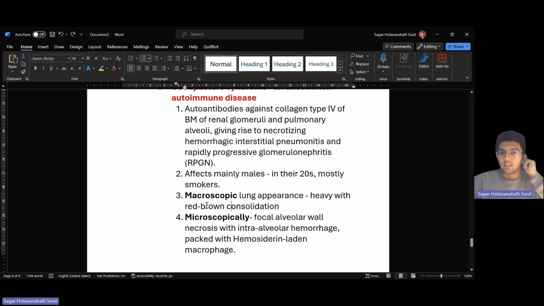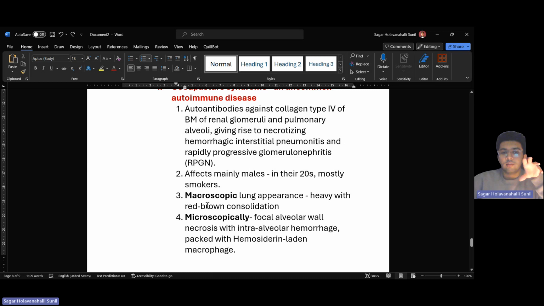Why? Blood is going to get into the alveolar spaces. Macrophages are going to try to eat the damaged RBCs that have leaked into the alveolar spaces. As they eat the RBC remnants, they're also going to take in hemosiderin.